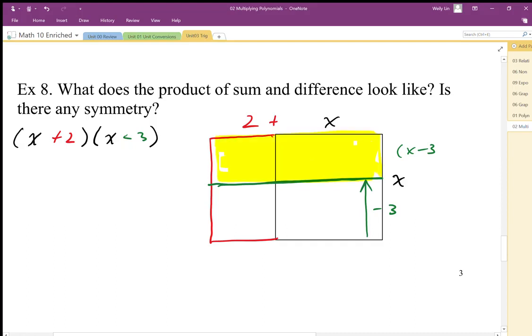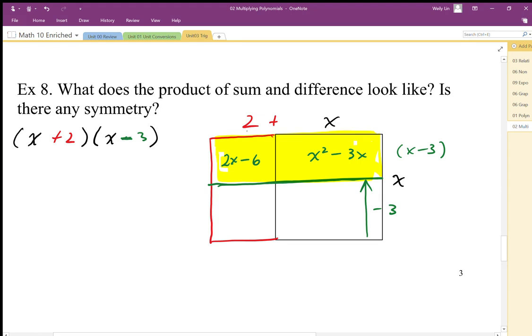And I can see that I have two parts to this area. This part is going to be x squared minus 3x. This area is going to be 2x minus 2 times 3, which is 6. So there's my two parts of area. And when I distribute this out, I should get the exact same result.